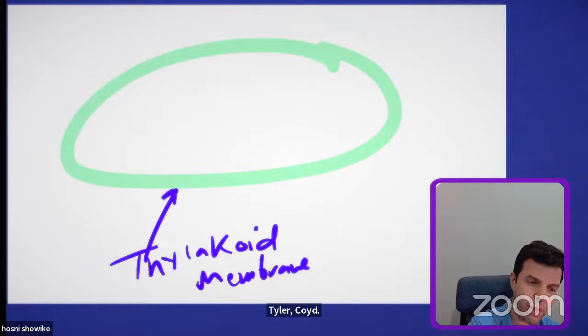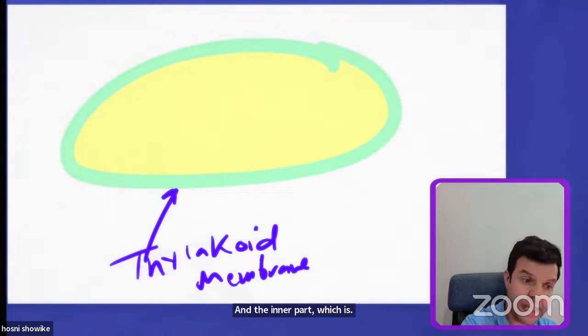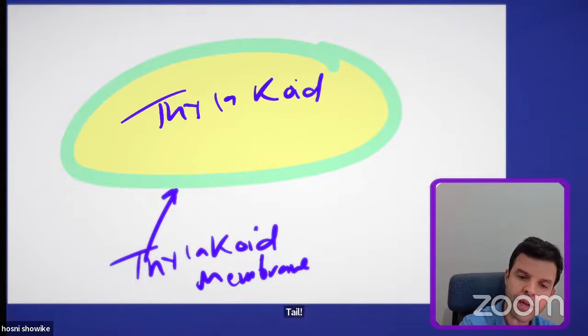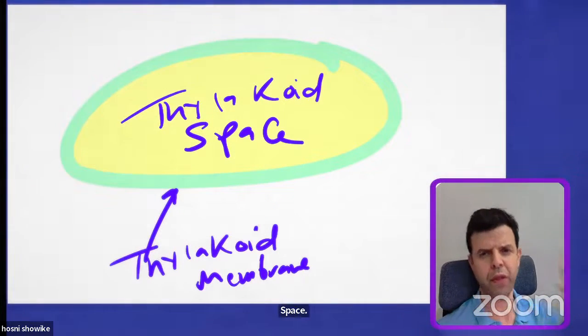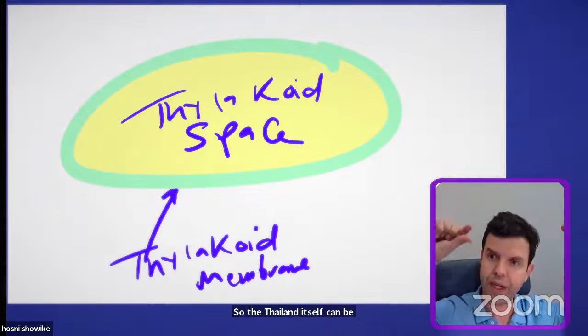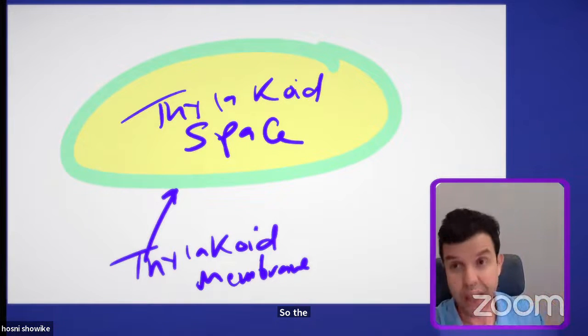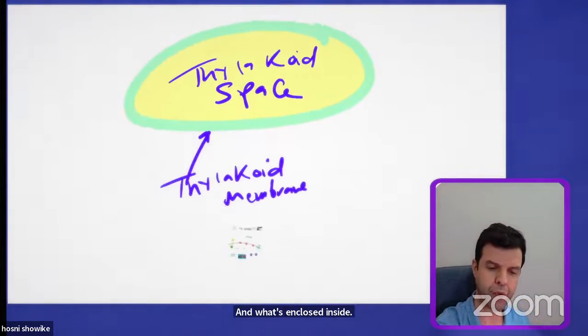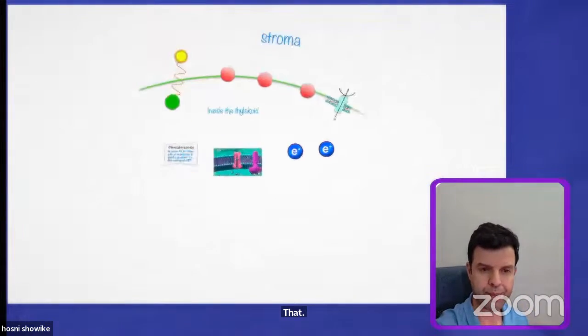And the inner part, which is shown right here in yellow, I'm going to call thylakoid space. Okay? So the thylakoid itself can be divided into two parts, the membrane itself and what's enclosed inside that membrane. Okay? So here we go.